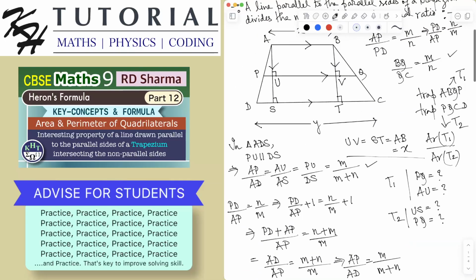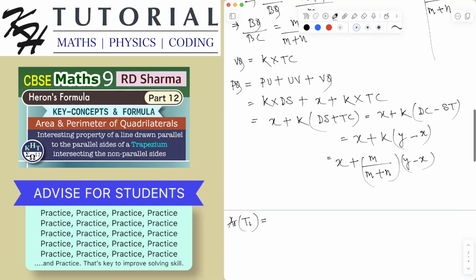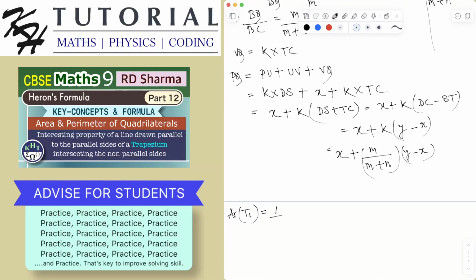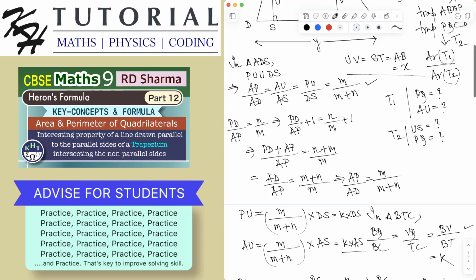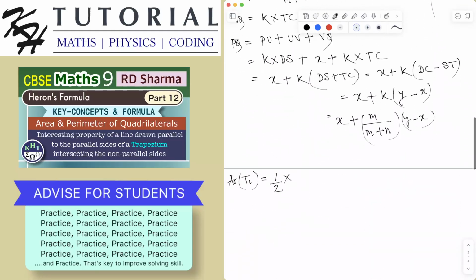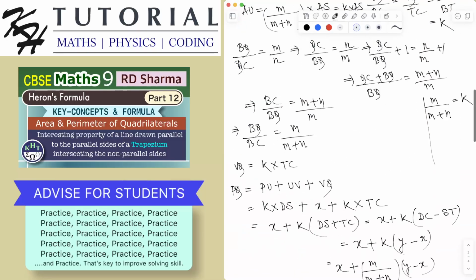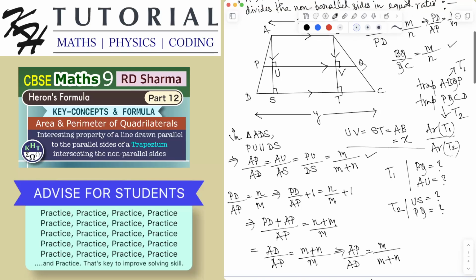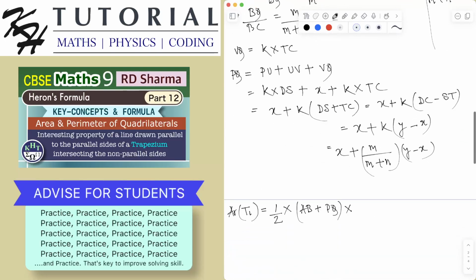The area of the trapezium T1 is half multiplied by the sum of the parallel sides, AB plus PQ, multiplied by the altitude of the trapezium T1, which is AU.